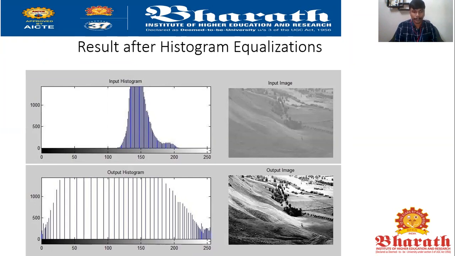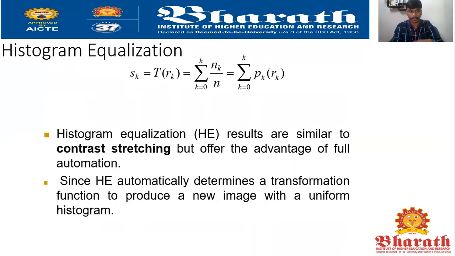And once it is plotted, it will be applied with the histogram equalization formula: Sk is equal to T of rk is equal to the summation from k equal to 0 to k of nk divided by n, which is equal to the summation of pk of rk. This formula plays the role of converting the normal input image into a new output image with clear information and knowledge.